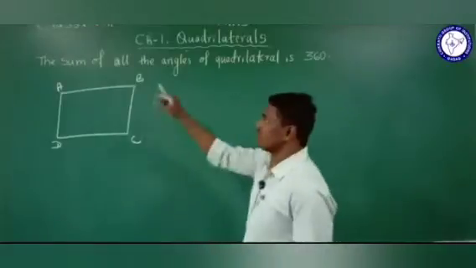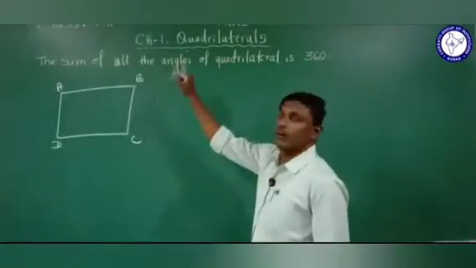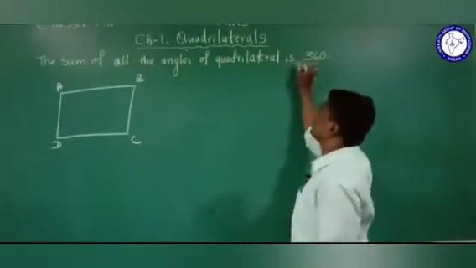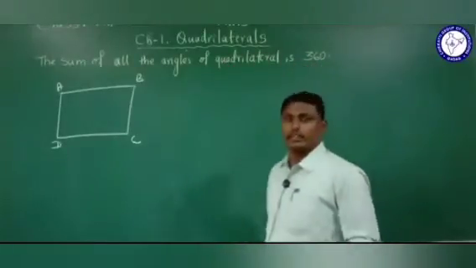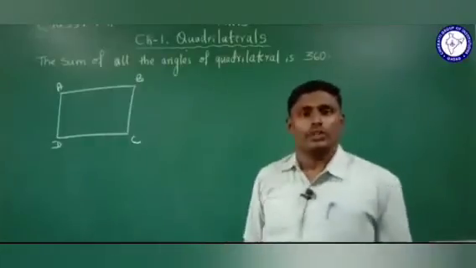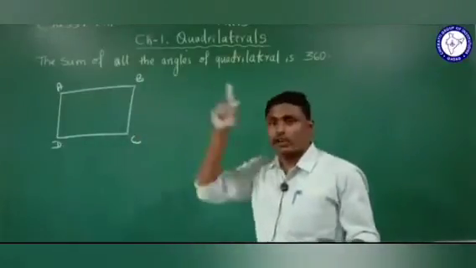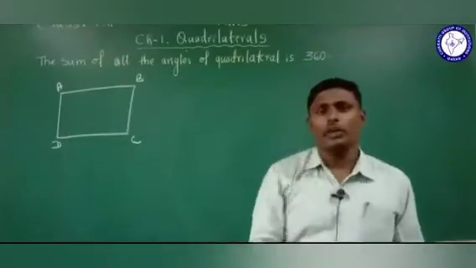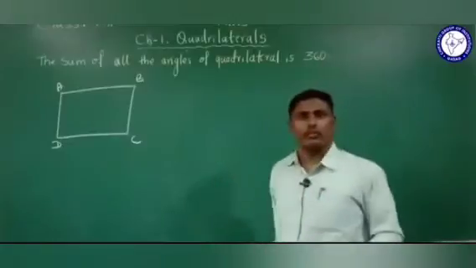What is the given statement? The sum of all the angles of a quadrilateral is 360 degrees. It means here you need to prove the sum of all four angles. While you are adding the four angles of the given quadrilateral, that should be equal to 360 degrees only, right?